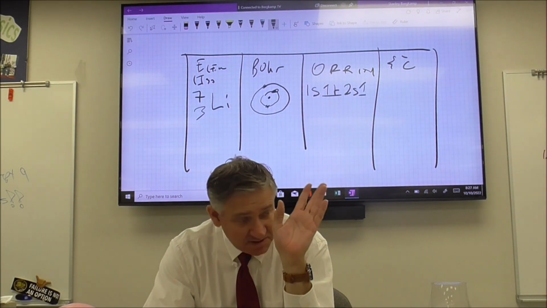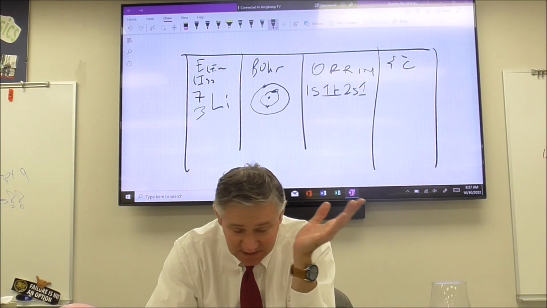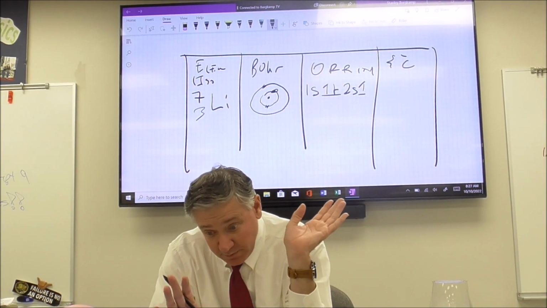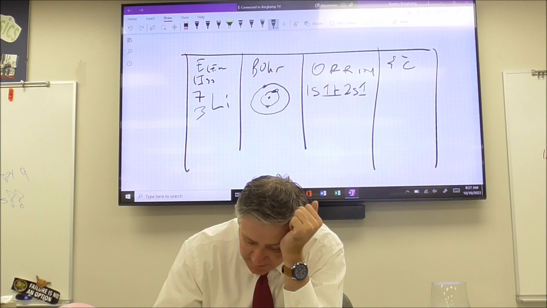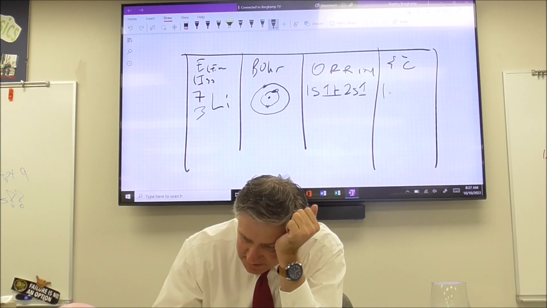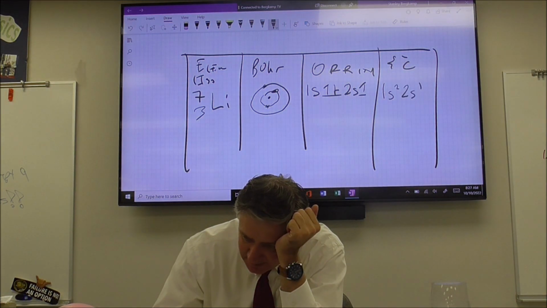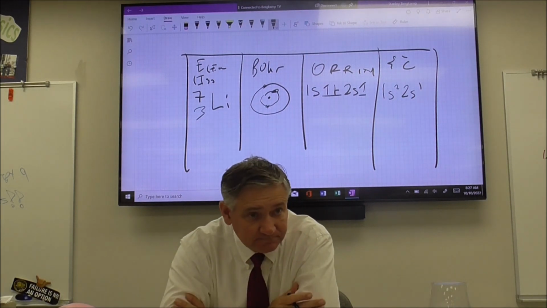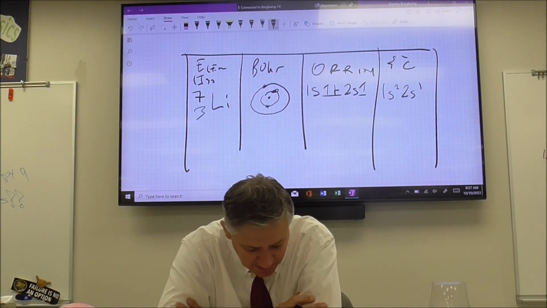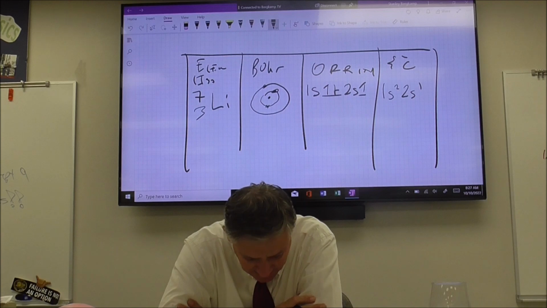Okay? Always start with your ups first. Always, for whatever reason, somebody decided, oh, we're optimistic people, we'll put the up arrows first. And then on your electron configuration, just write 1s2, 2s1. Okay? So you're going to do that for sodium, calcium.